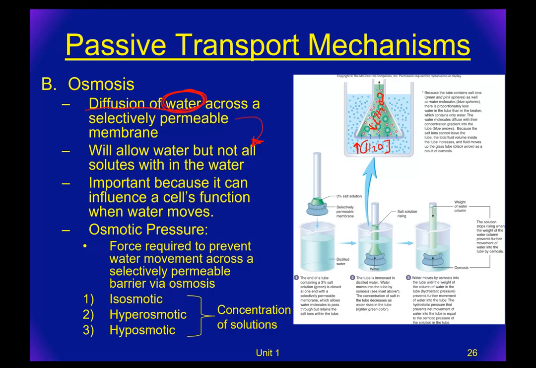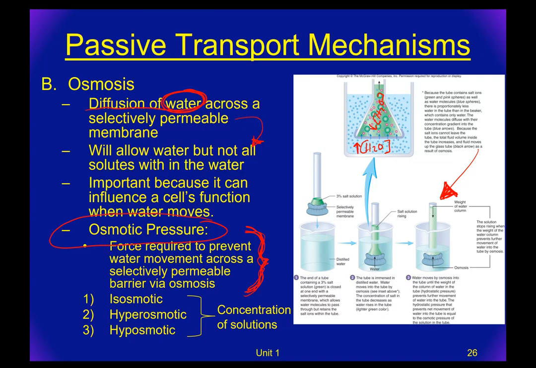So that is called osmotic pressure. Remember, osmo is water, so water pressure. It's the force required to prevent water movement across a selectively permeable barrier via the process of osmosis. So what we're seeing here is literally osmotic pressure stopping water from moving anymore.